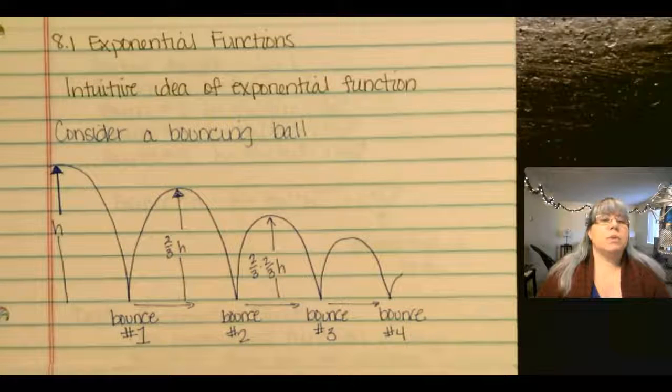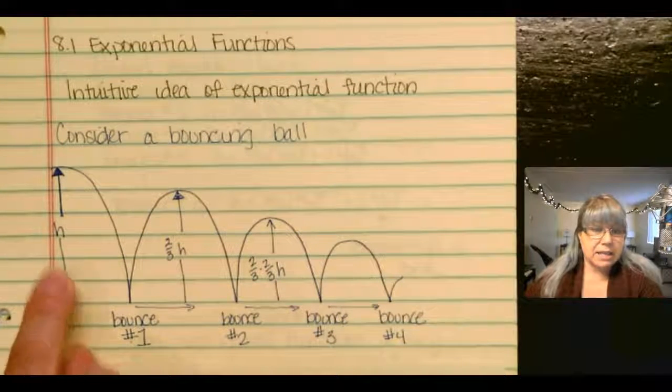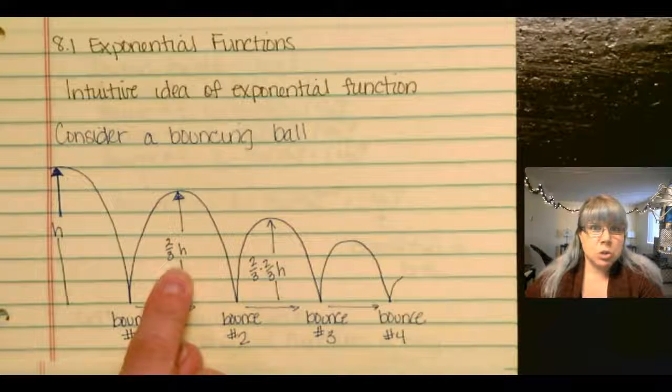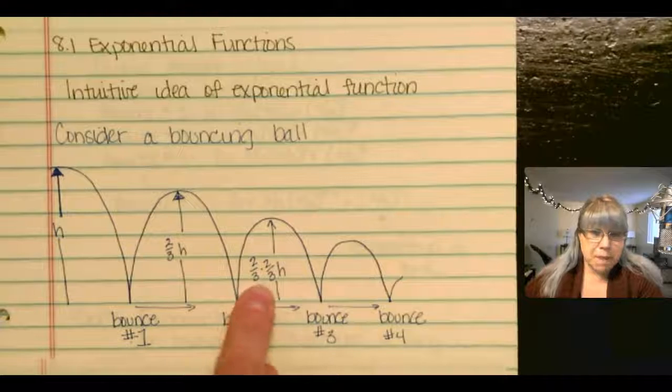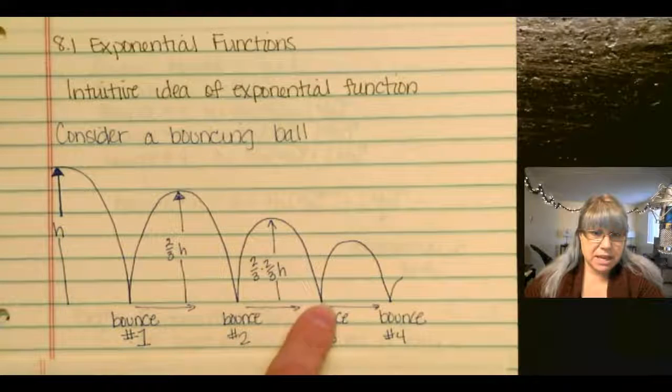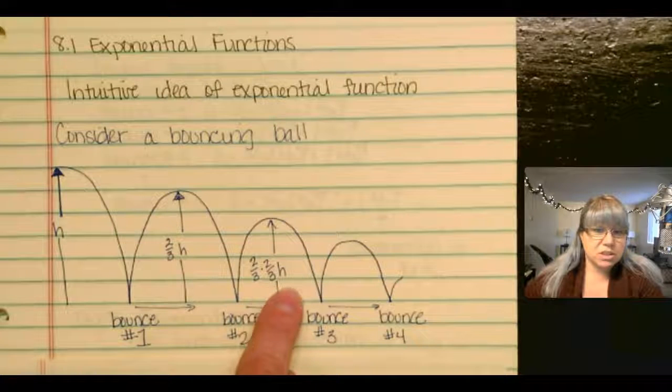In essence, what we're doing is creating an exponential function. The first bounce is just the original height. The second bounce would be 2/3 of the original height. The third bounce, when it's up in the air before it hits the ground, is 2/3 of the 2/3 of the height.